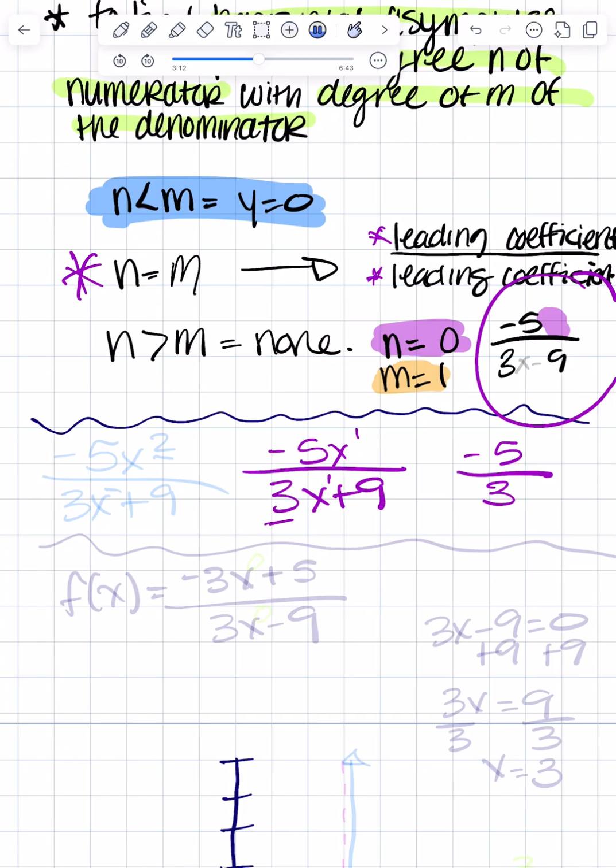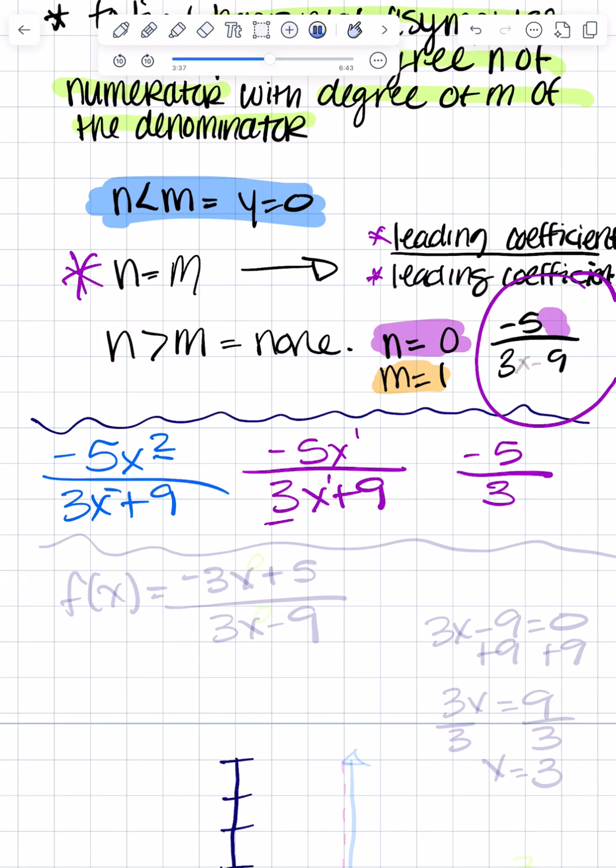And let's say we had negative 5x squared over 3x plus 9. Then we would have a degree of 2 and a degree of 1.